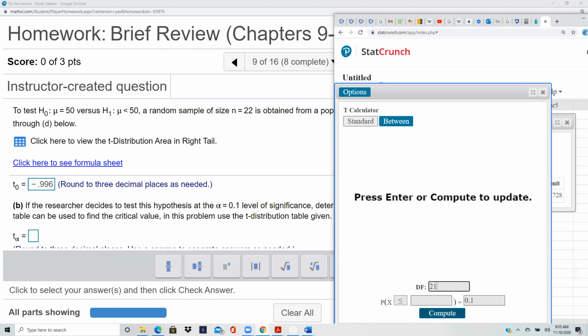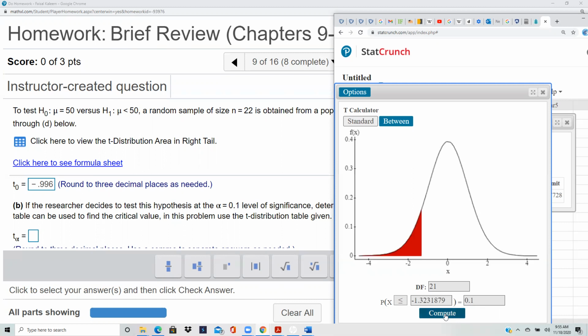And we would do, wouldn't we do less than? Yeah, because this is less than. Negative 1.323.